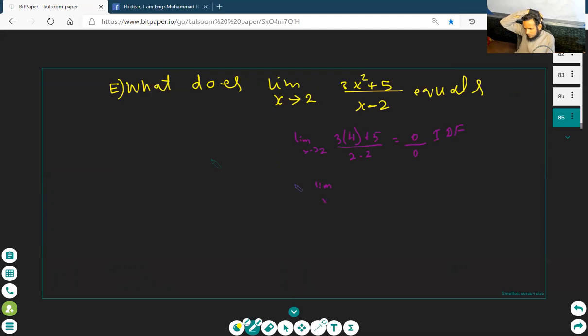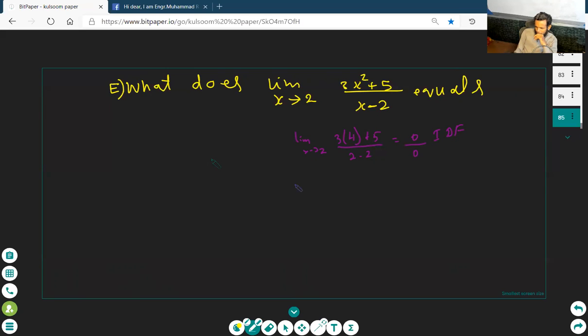Indeterminate form. Sometimes the limit exists, sometimes it does not exist. Can you solve it? I'm solving.